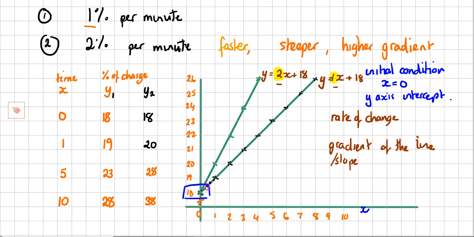Now, in this case, will this line go further into the negative x's? Well, extrapolate. Okay, so could the battery ever go below 18? Yes. It can. But what can't go below 0? The time. Yeah? So we've started charging.